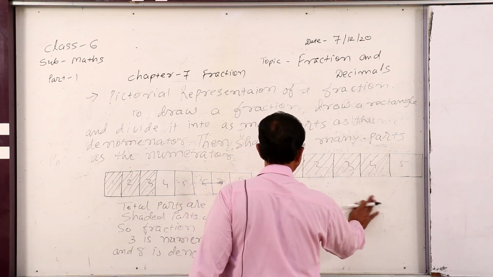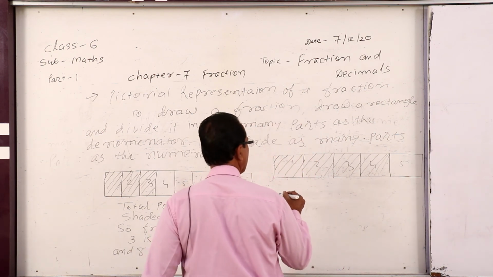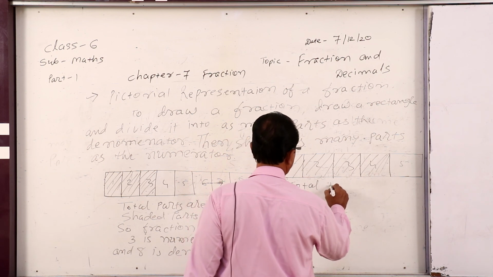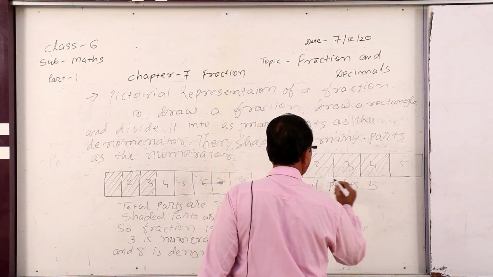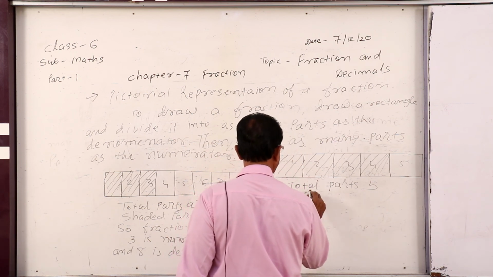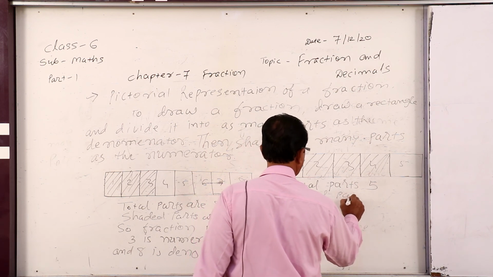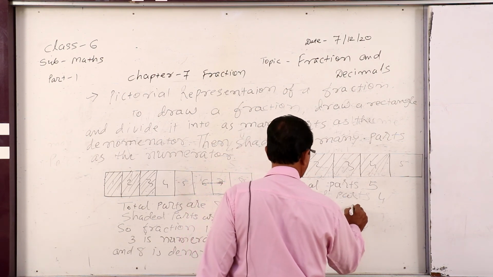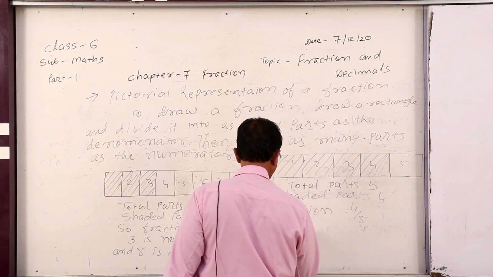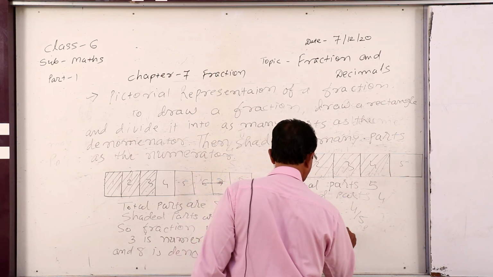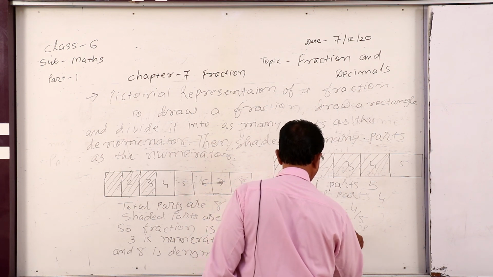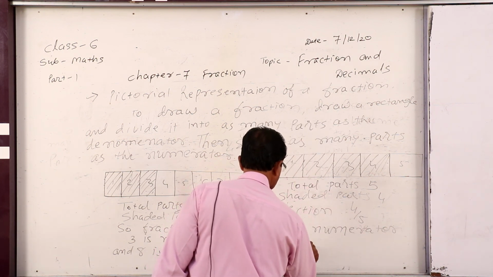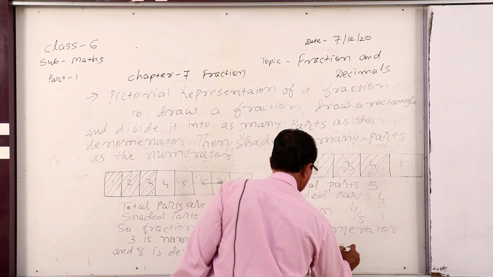Total parts 5, shaded parts 4, fraction 4 upon 5. 4 is the numerator and 5 is the denominator.